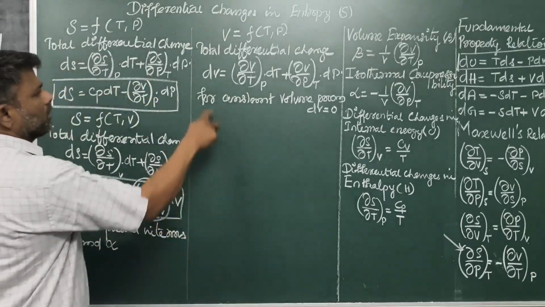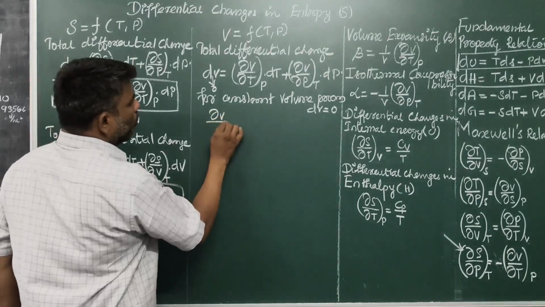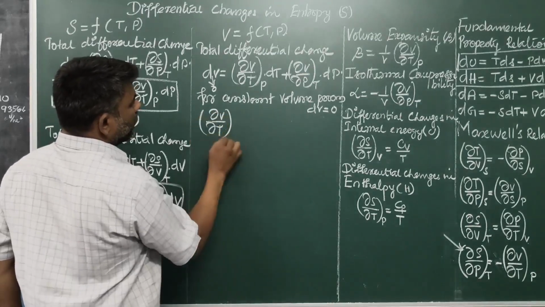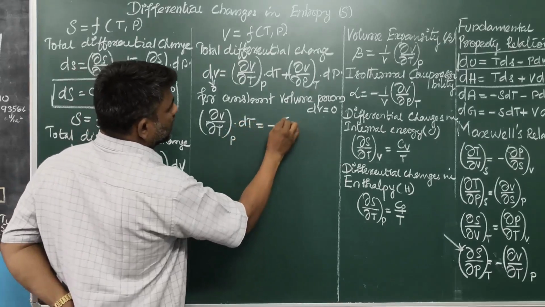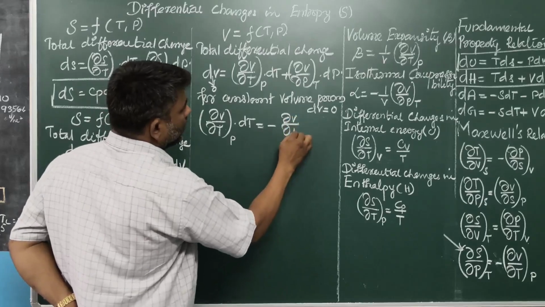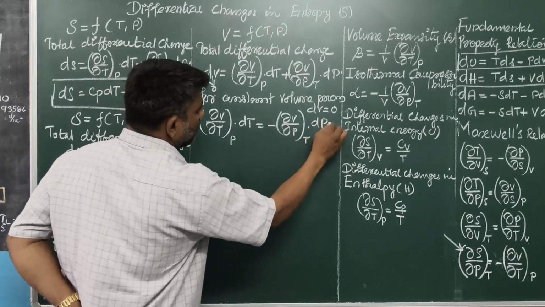Changes in volume is equal to 0. Hence, this equation becomes dou V by dou T at constant pressure into dT is equal to minus dou V by dou P at constant temperature into dP.